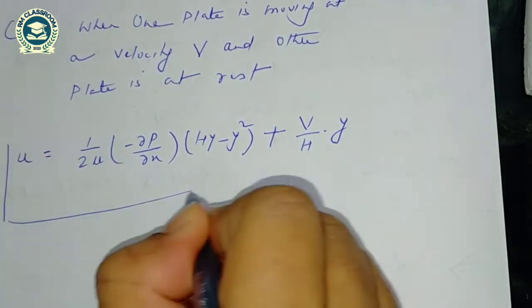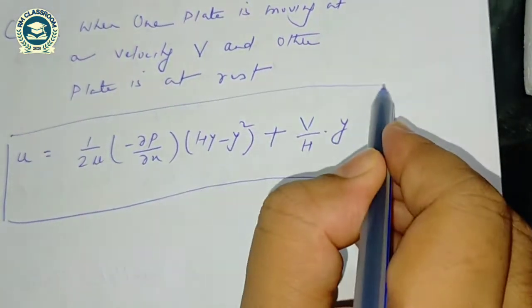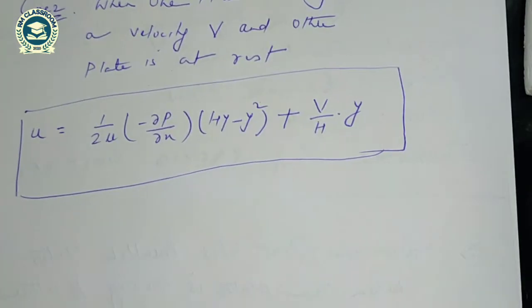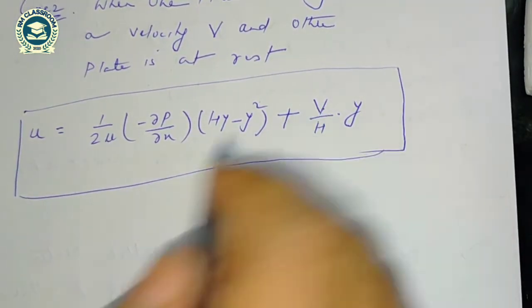So additionally V upon H into y will be added when one plate is moving at a velocity capital V.